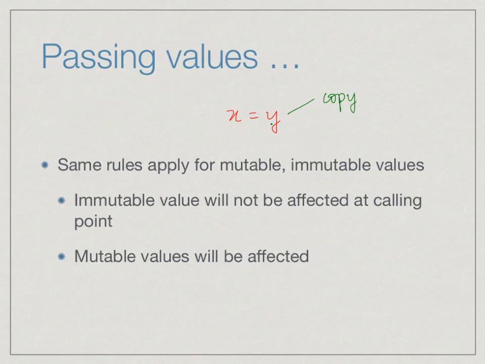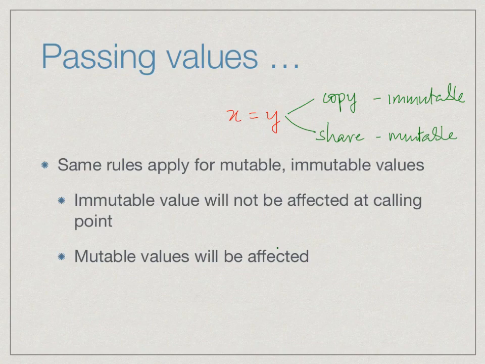So the value in x and the value in y are disjoint. And if it is mutable, we said we don't copy, we share the value. That is, both names will point to the same copy of the value. So a change in one will also make a change in the other. That happens with mutable things like lists.